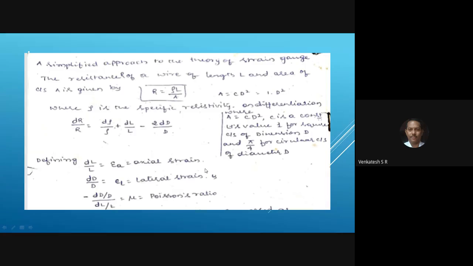See, the ratio of the change in resistance to the initial resistance, due to the application of the load, to the change in length, is called the gauge factor. Most of the metals used for manufacturing gauges have a Poisson's ratio of 0.3. Substitute the value of the Poisson's ratio mu in this equation and you will get 1.6. Gauge factor equals 1.6. For calculation purposes in the metrology lab, you have to use the gauge factor 1.6.